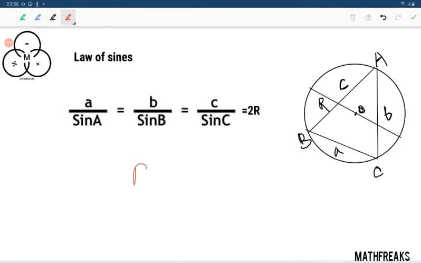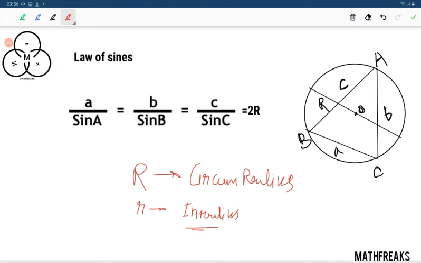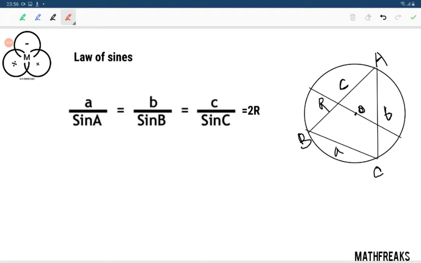Another important thing: large R in case of a triangle always means circumradius, whereas small r always means inradius. We can calculate circumradius from another formula, which you will learn in a subsequent chapter, though I am going for another formula.